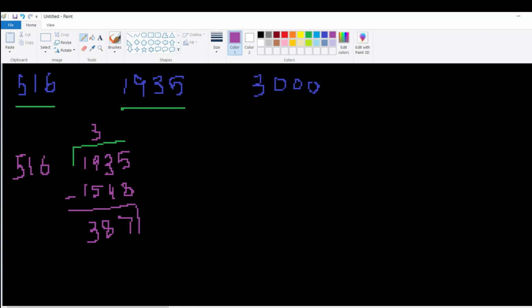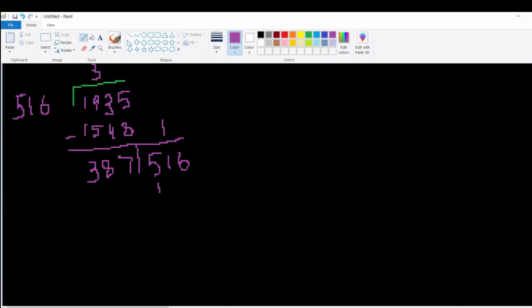Now you make this remainder a divisor and the first divisor becomes the dividend, which is 516. Now divide it again, it goes on 1, 387.